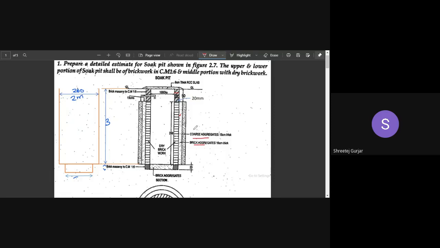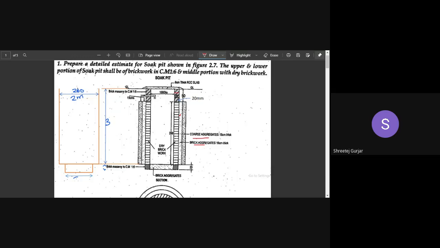The thickness of these layers may vary, but the quantity calculation method will be the same. You just substitute the dimensions respectively. Length you calculate as pi into dm, and then the quantity as length into depth of that section. The method will be the same, just the dimensions and the layers will go on varying.